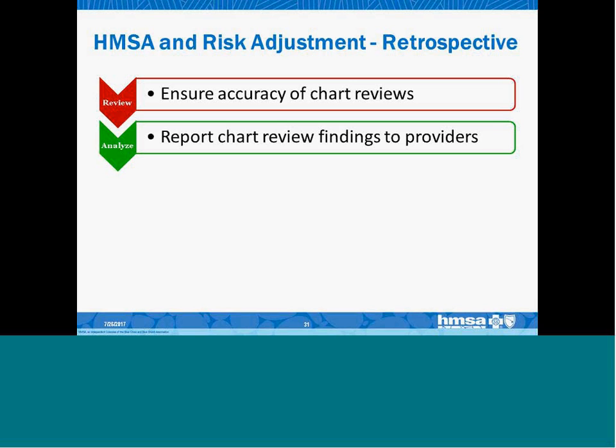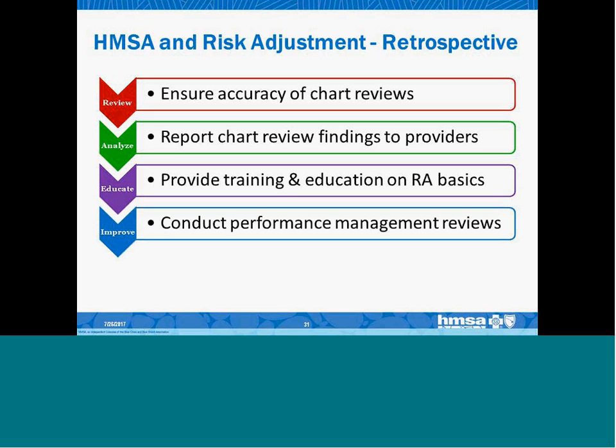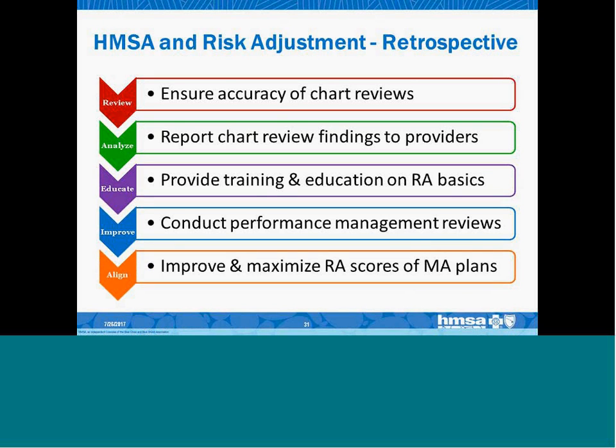We'll be able to show gap opportunities and any financial variance between risk scores attained based on claims data versus risk scores calculated after chart reviews. HMSA will also continue to conduct training and education on risk adjustment basics to physicians, coders, and office staff. We'll also conduct performance management reviews with providers to improve accuracy and buy-in of submitting properly coded claims. And finally, we want to improve and maximize risk adjustment scores of MA plans to align revenue with the patient's role.